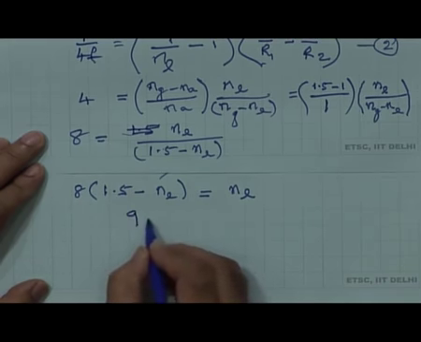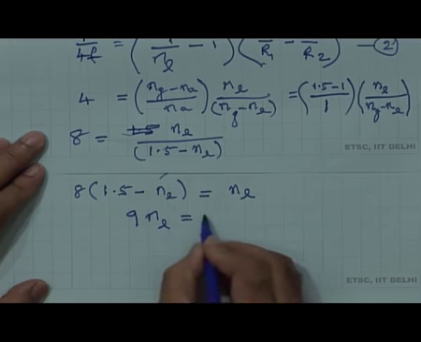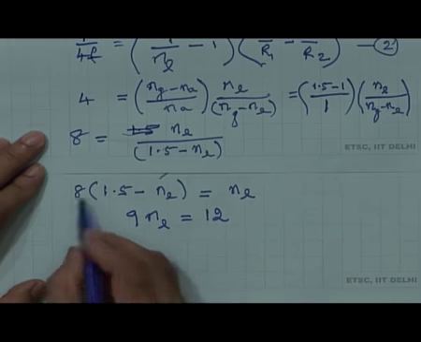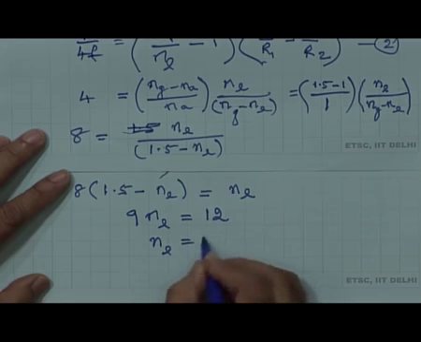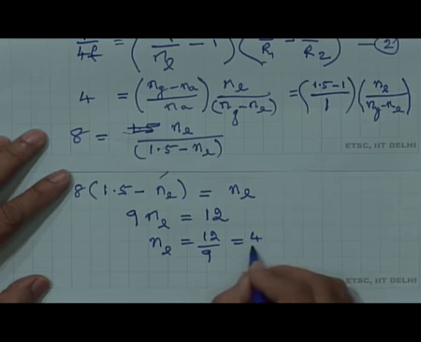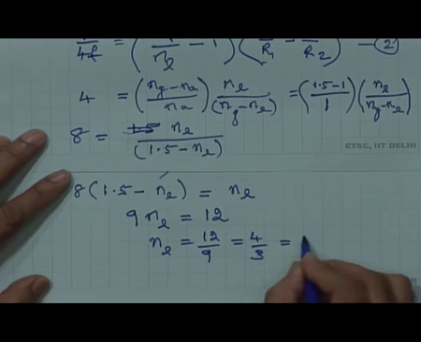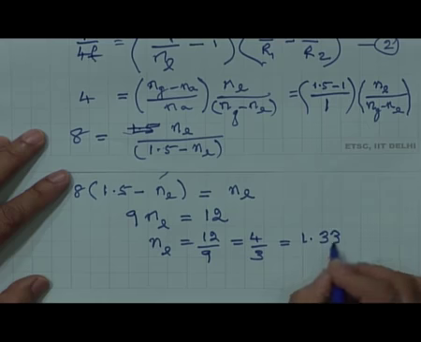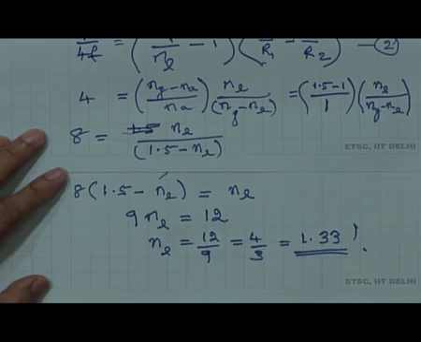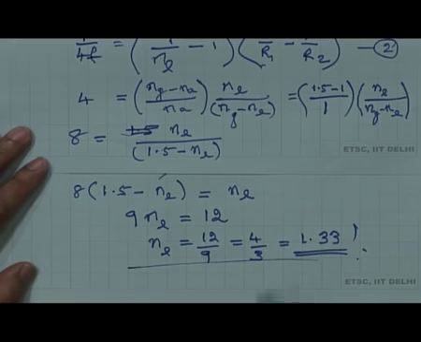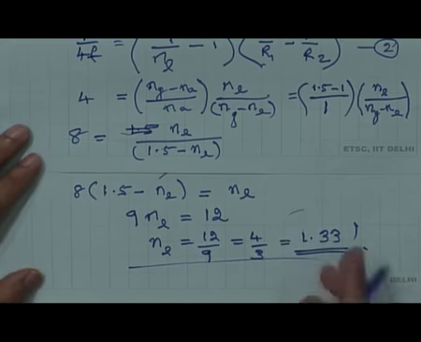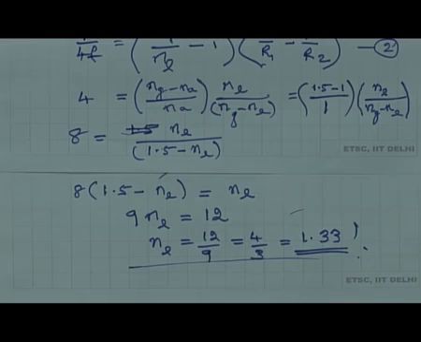So we have 9 NL is equal to 12, or NL is equal to 12 by 9, which is 4 by 3, which is equal to 1.33. The refractive index of the liquid is 1.33. This is the refractive index of water. We are familiar that the refractive index of water is 1.33.